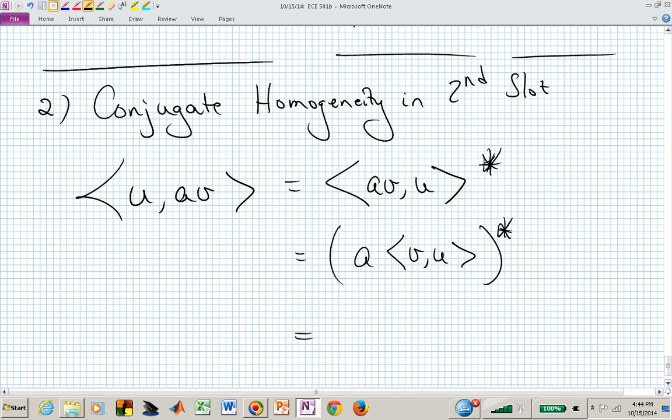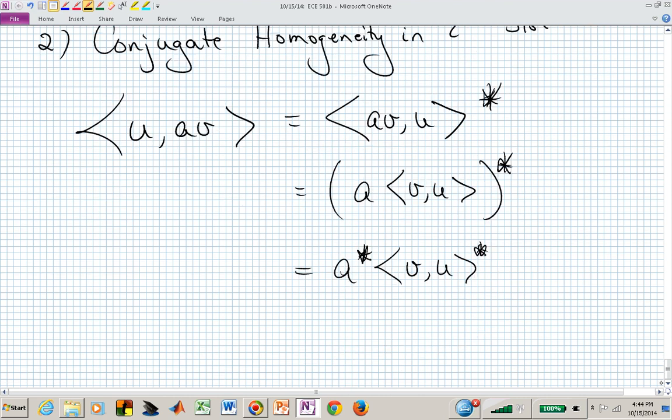But we have two scalars. The complex conjugate of the product is the product of the complex conjugates, so that we can now say that this is A conjugated VU conjugated, but now we can get rid of that conjugate on the inner product, and we now have A complex conjugate UV, and now we can see why we titled that the conjugate homogeneity in the second slot.